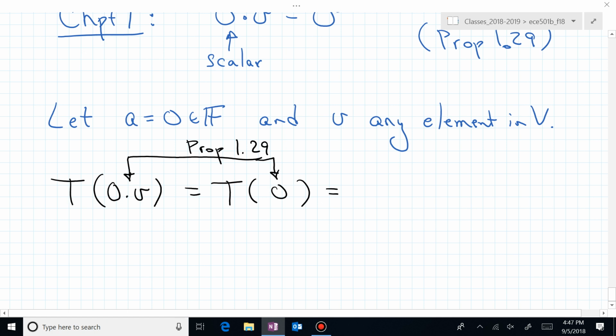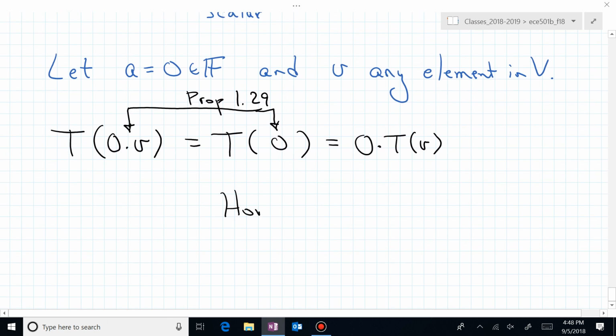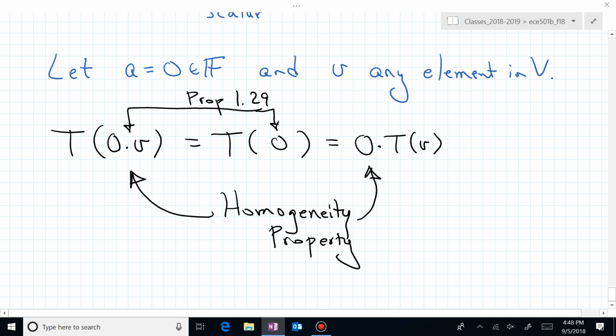By homogeneity, if our map T is satisfying homogeneity, this next little piece is from the homogeneity property: T of alpha V is equal to alpha T of V. But now, what can we put on the right-hand side of 0 times a vector? Zero vector by proposition 29 again, right?